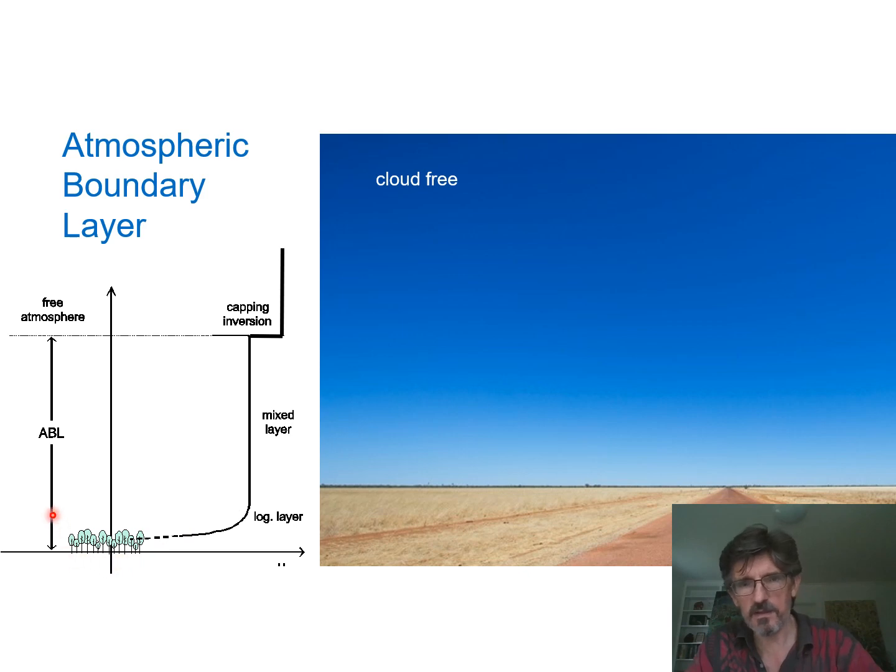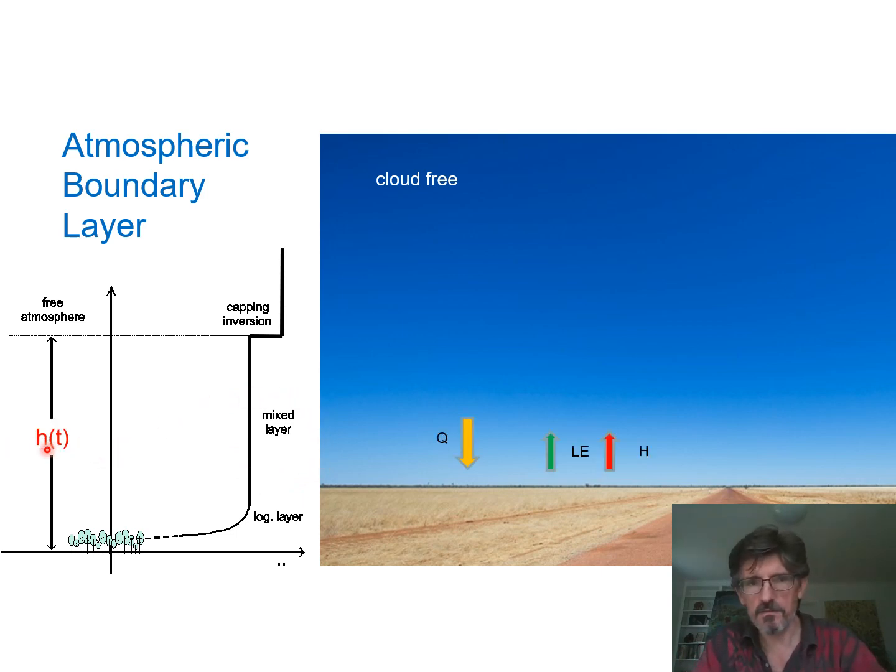Let's say that the mean wind direction is this one. We have a roughness layer, the canopy layer. Above it, there is a strong gradient in velocity, and this has a typical logarithmic shape, the logarithmic layer. Above that, it's almost constant. This is where there is lots of turbulent mixing. The ABL is the mixed layer.